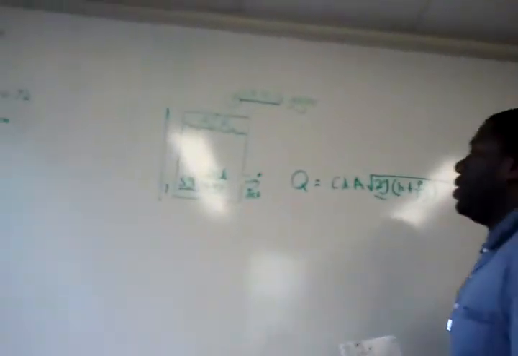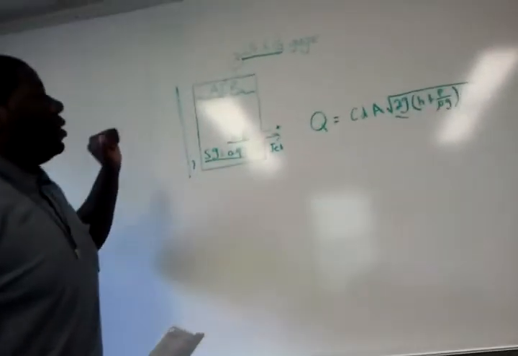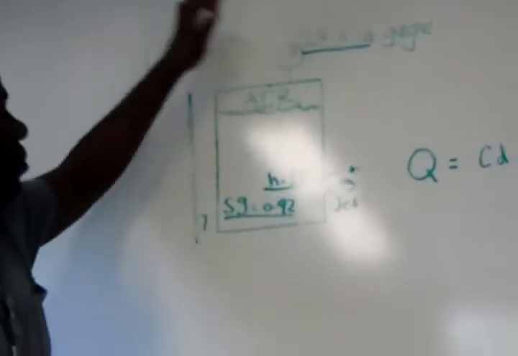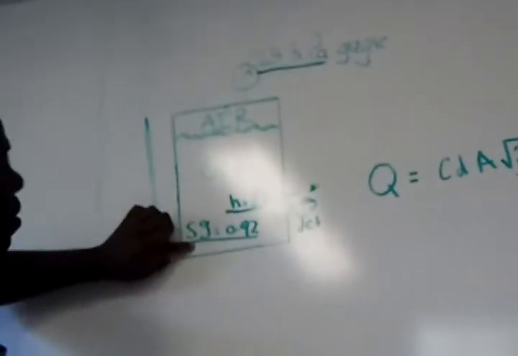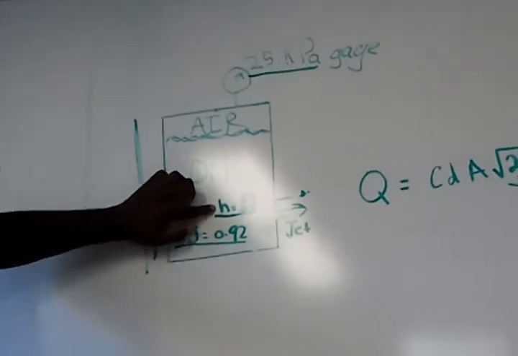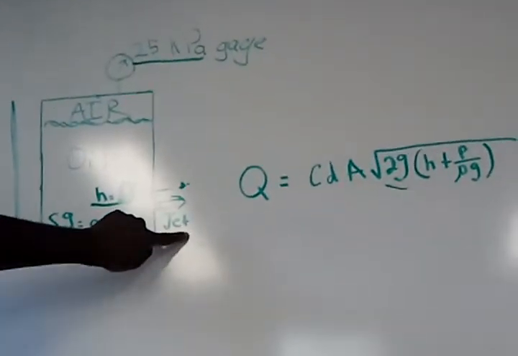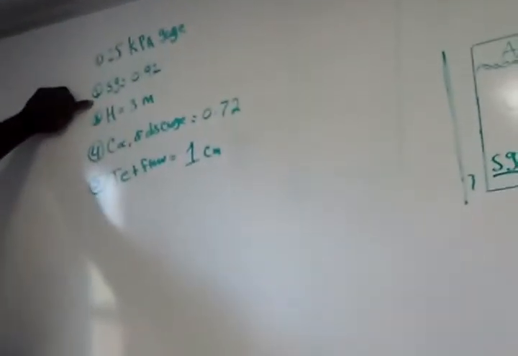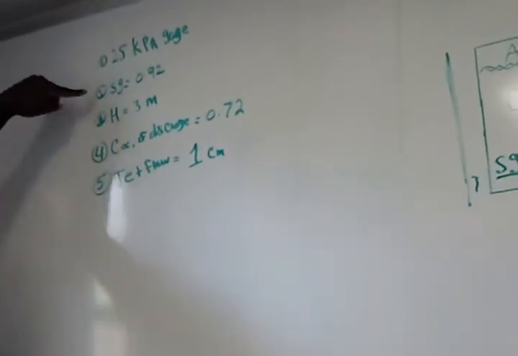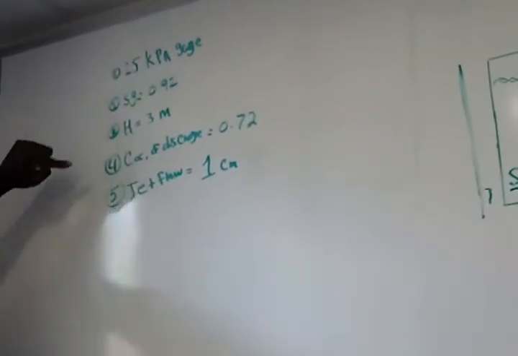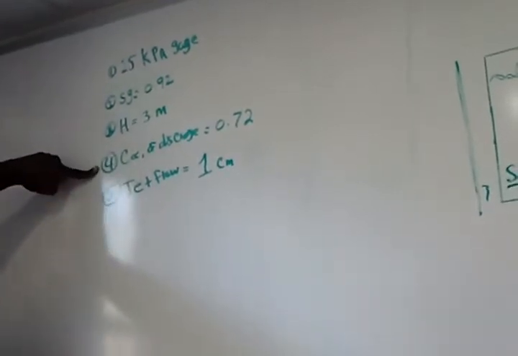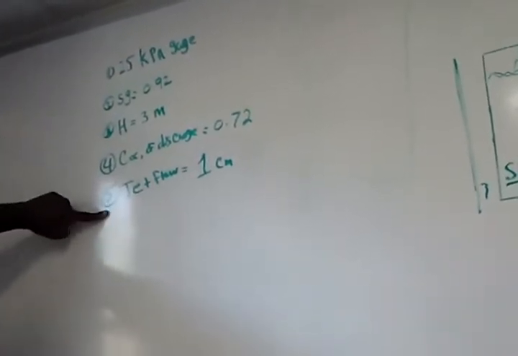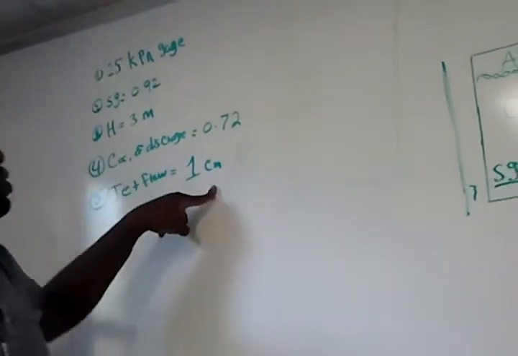Now let's refer back to our diagram. You can see in the equation where we show the pressure, the specific gravity, the height, and the jet flow. 25 kilopascals, specific gravity 0.92 of the oil, the height is 3 meters, coefficient of discharge 0.72, and the jet flow is 1 centimeter in diameter.